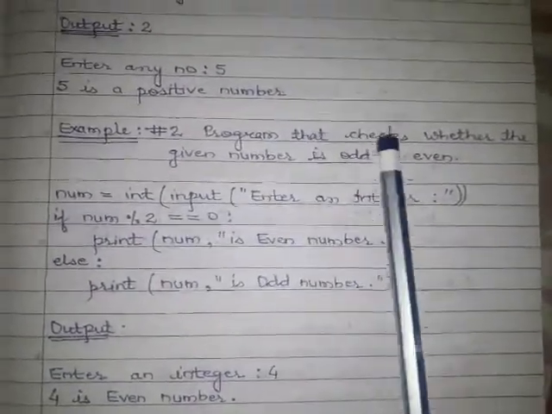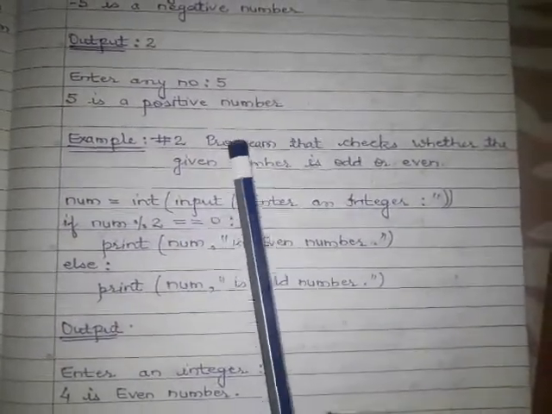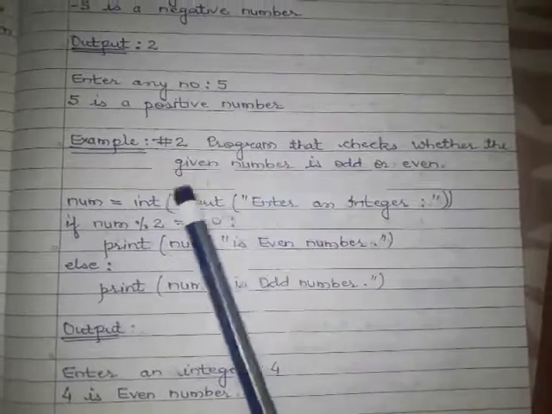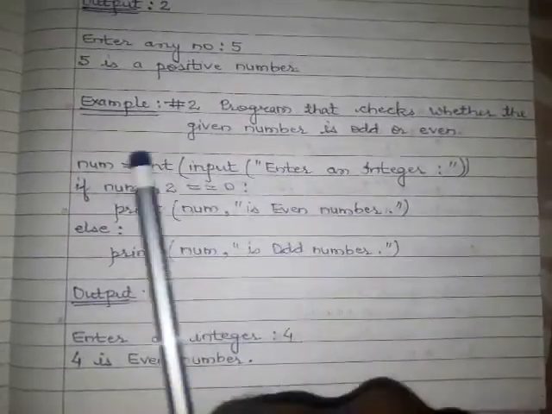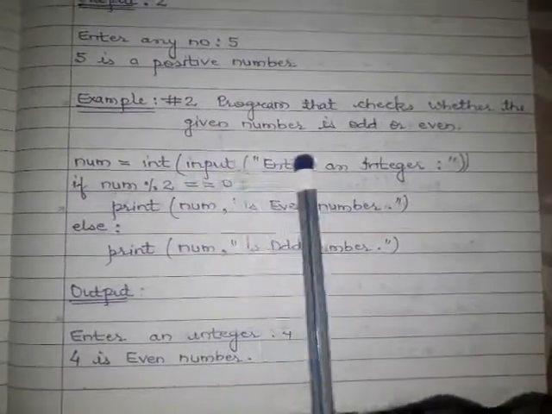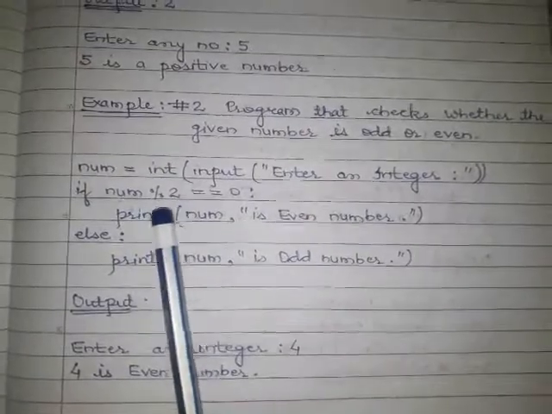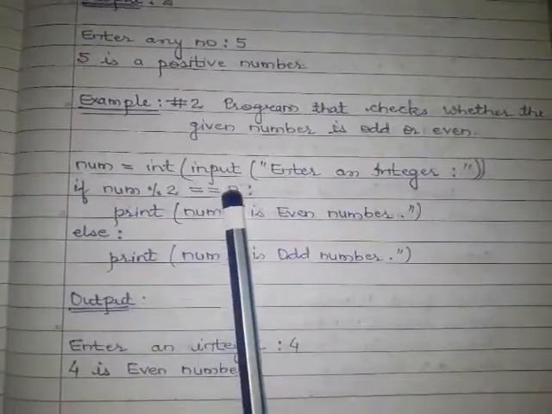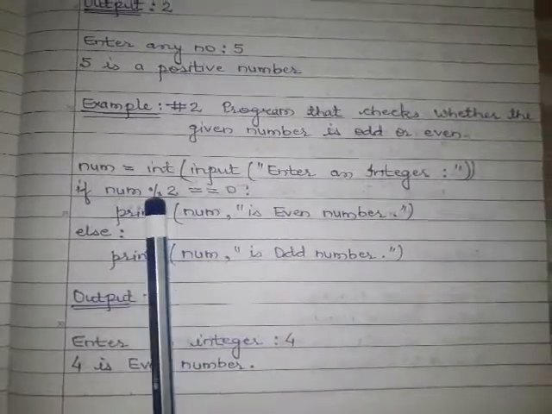Program that checks whether the given number is odd or even. We first enter a number and check whether the given number is odd or even. Same input, with the help of the input method, we read a number. Now if number modulo 2 is equal to 0. Modulo is a modulus operator.